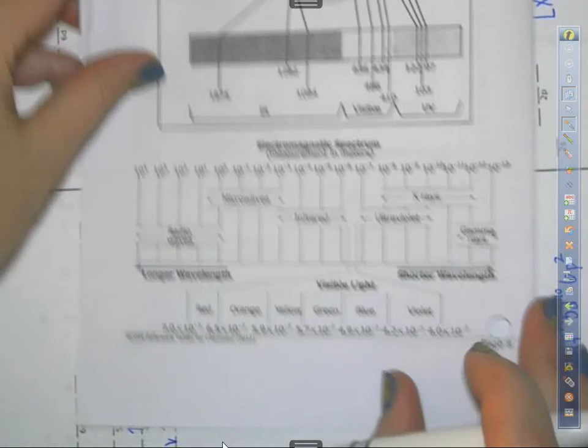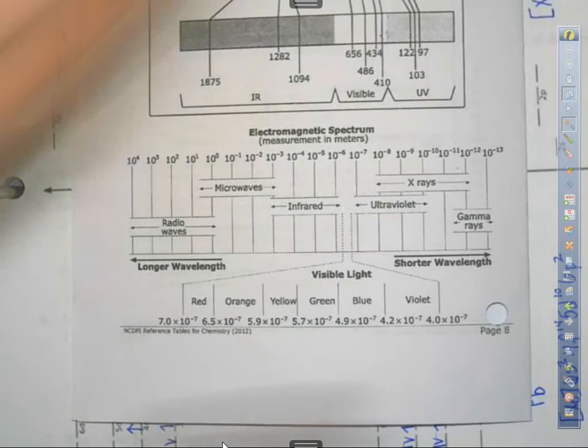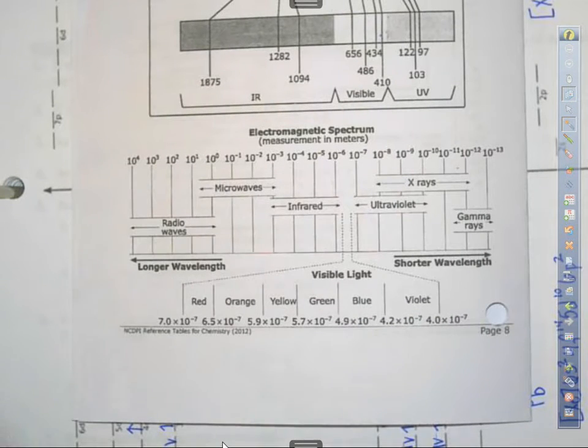On the back of your reference table, you have this thing called the electromagnetic spectrum. Gamma rays, okay? Now look, this says absolutely nothing about frequency. You do get this for your final exam, so you know that they want you to be able to use it if it's on there, okay?